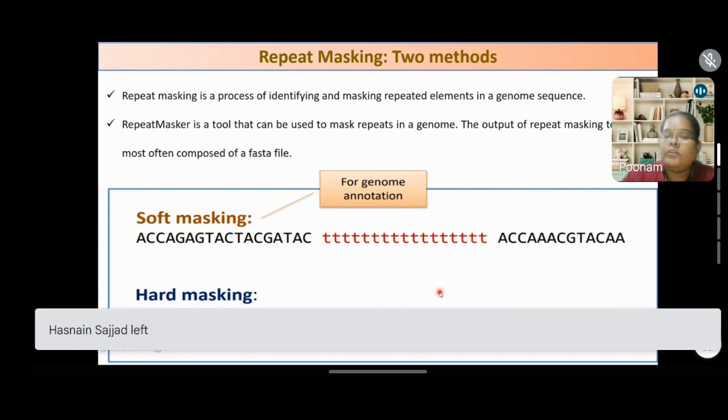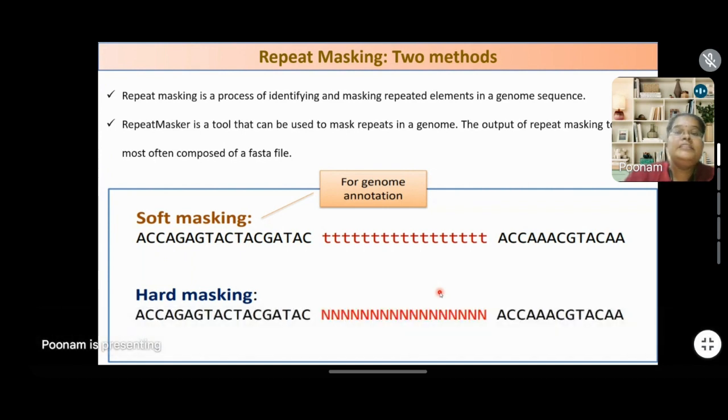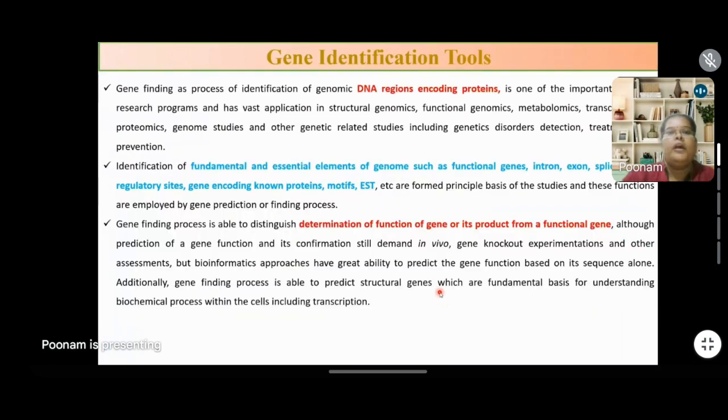So when there is a long chain of these repetitive sequences, repeat masking provides a very vital tool for bioinformaticians to annotate the genome data, to get an idea whether they are repetitive or not, or to further analyze them.